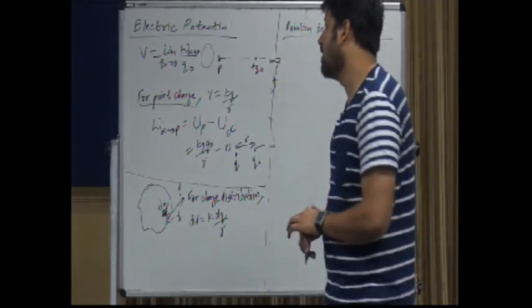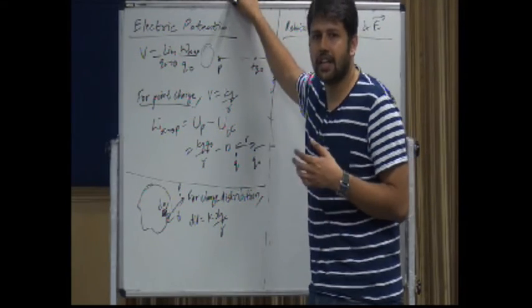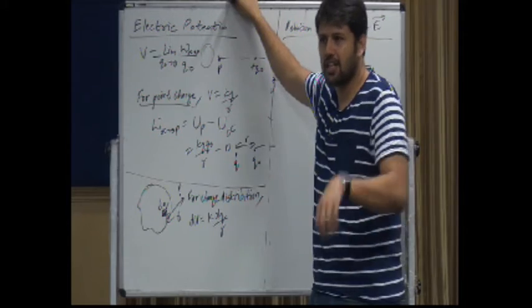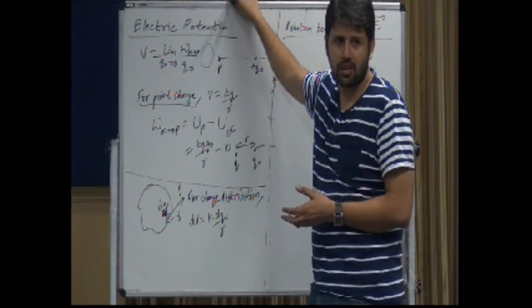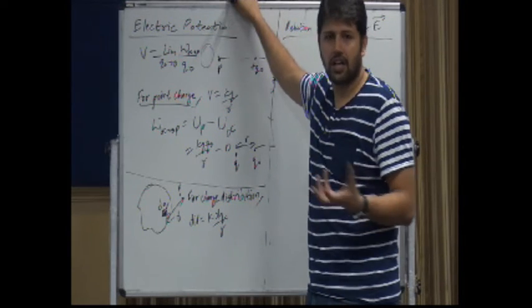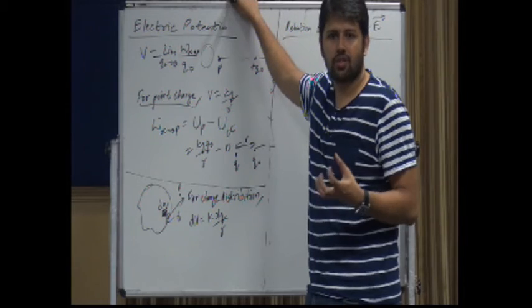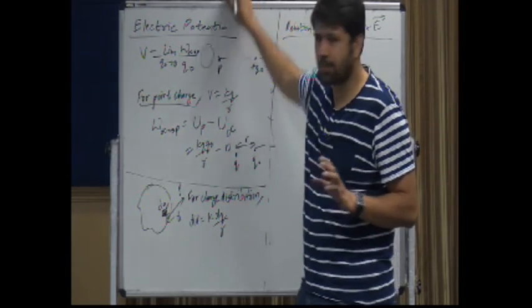So these are two different aspects of field. Potential is an indicator of field, while potential energy is an indicator of the arrangement, how the charges are arranged and the interaction between them. So potential can be of only one charge, but potential energy would always be of at least two charges. Is it okay? I hope this is clear.